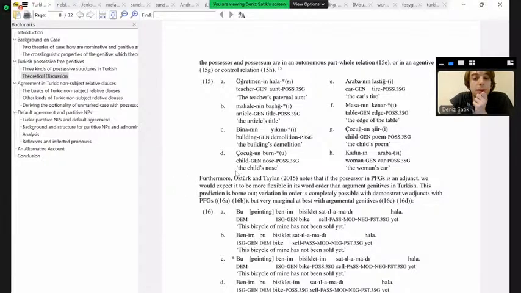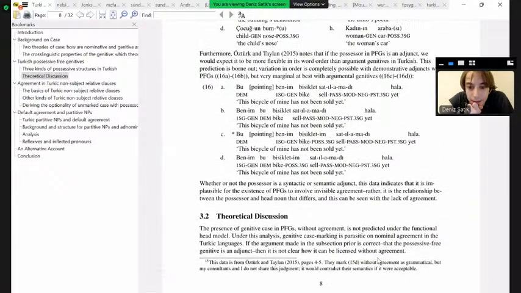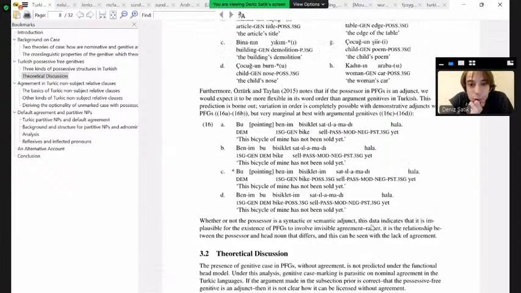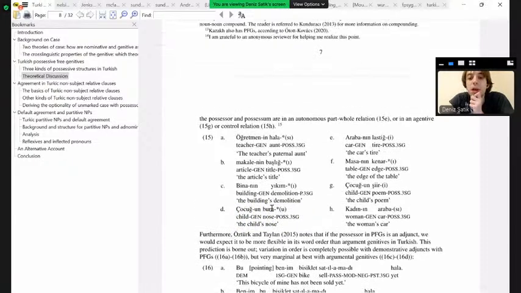I think it's acceptable in certain contexts for me. Yeah. Çocuğun burun. I don't remember exactly what the point is. I remembered that there was something I didn't agree with in their judgments, but I can't remember what point I was trying to make.